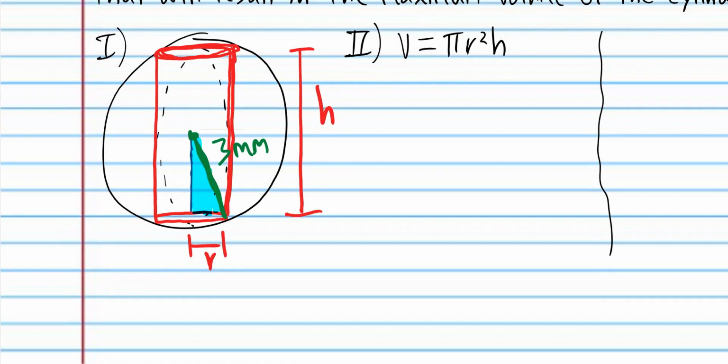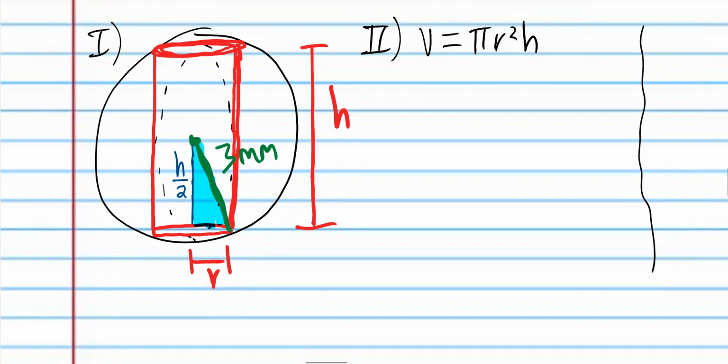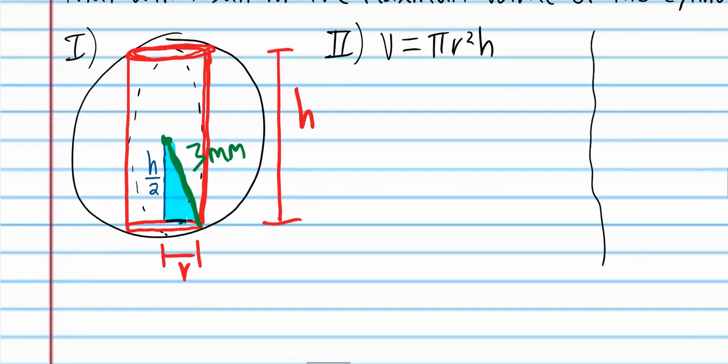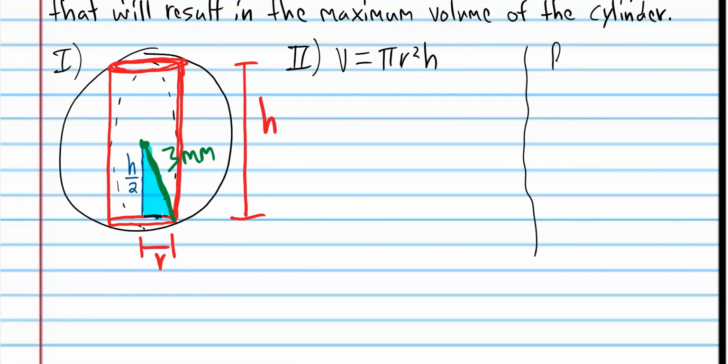Now I want you to notice that this blue length is h divided by 2. Do you see why that is? That's half the height of the cylinder. So there you go. That gives us our relation. Obviously we're going to use the Pythagorean theorem.